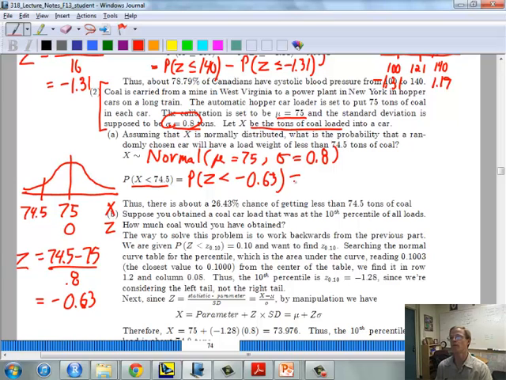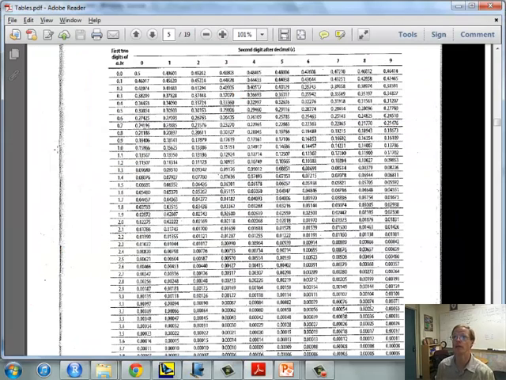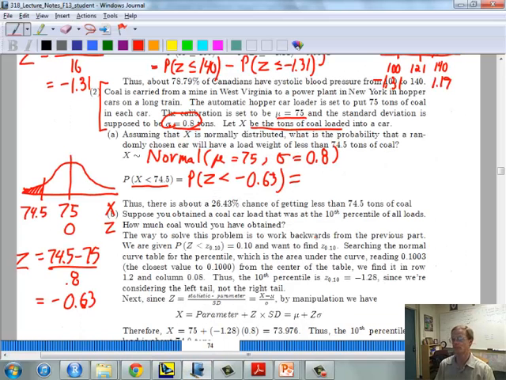Now, the probability that we're less than, on the left side of the curve, means we can do a direct table read. So here's the 0.63, 0.26435.